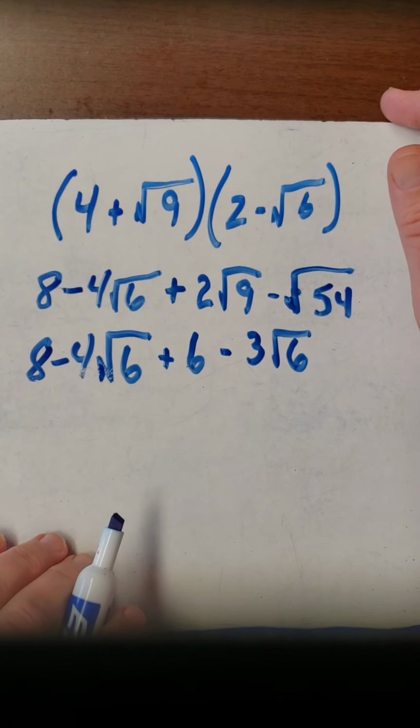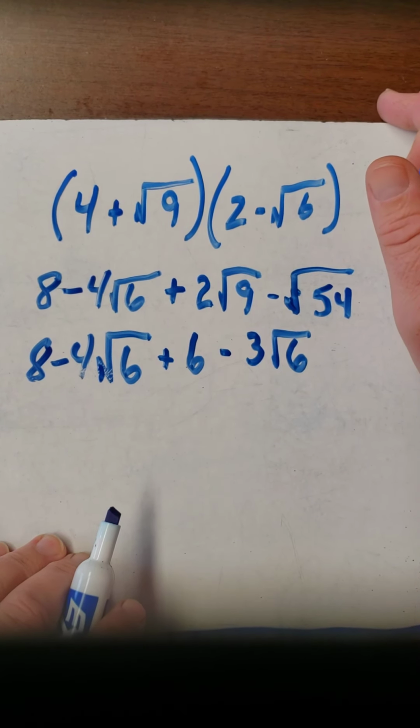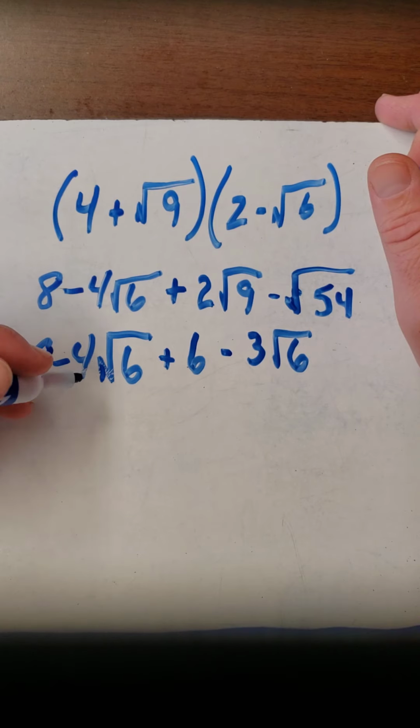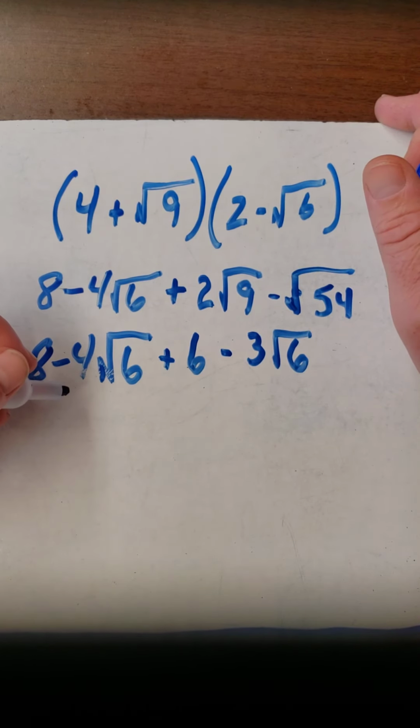Okay, so then we go 8 minus 4 is 4. I don't quite understand how they got that. Oh, okay, now I get it, I think. We want to simplify the radicals.